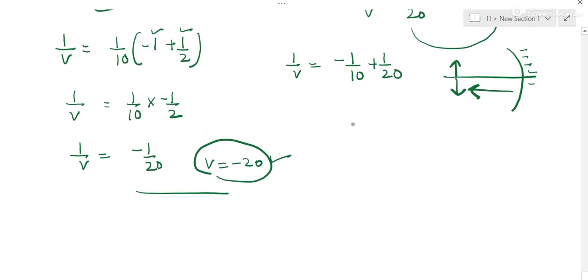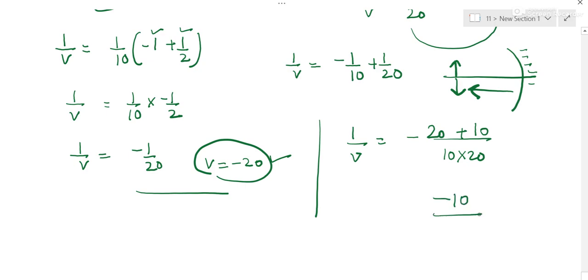You can do it by taking LCM if your mathematics is not okay. So it's like 10 into 20, it's minus 20 plus 10. So it is minus 10 by 20 into 10, 10 cancel. So it is again coming as minus 1 by 20, so 20. So prepare this much. Thank you.